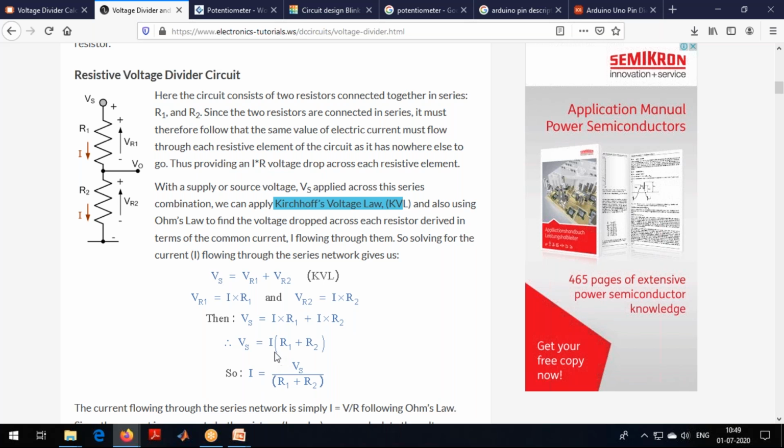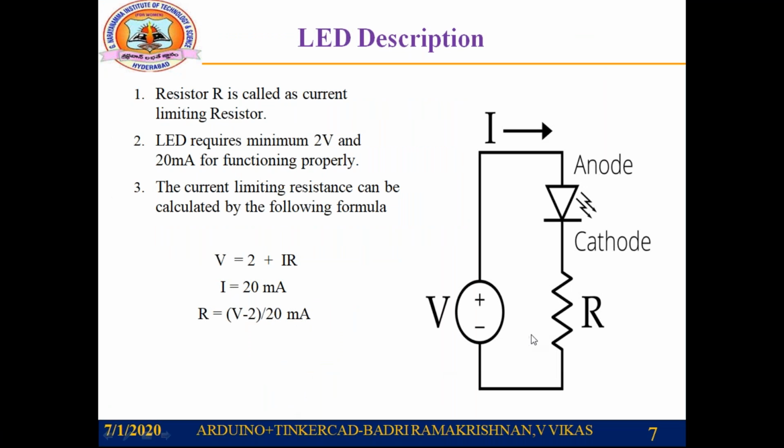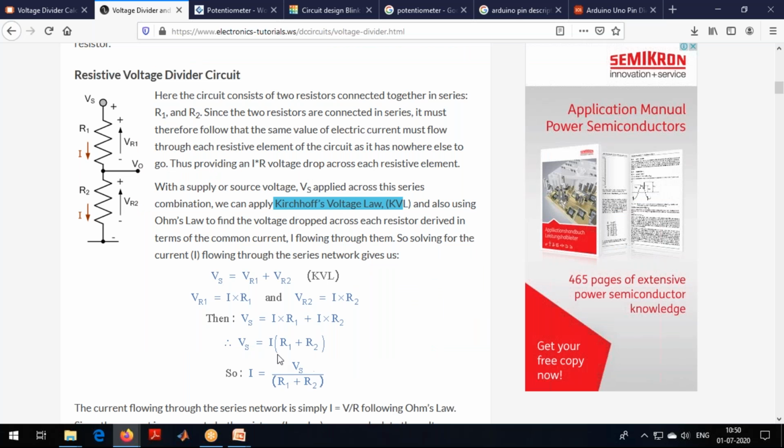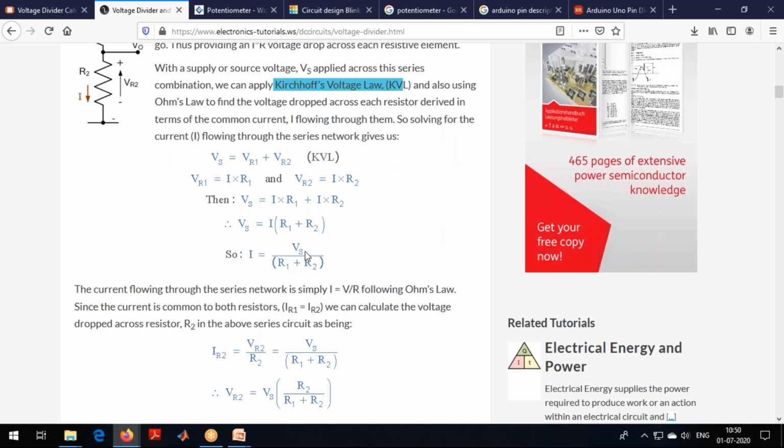Vs again will be equal to I into (R1 plus R2). Before that, Vs equals I into (R1 plus R2), like that we are writing, right? I will be equal to Vs by (R1 plus R2).